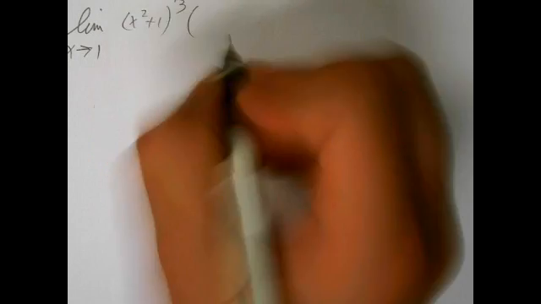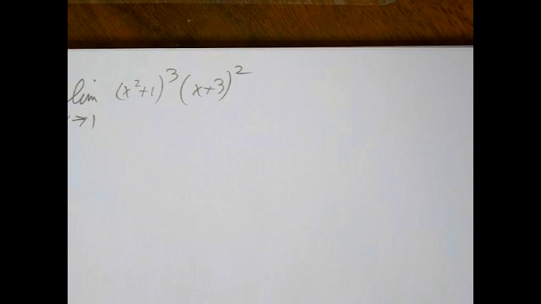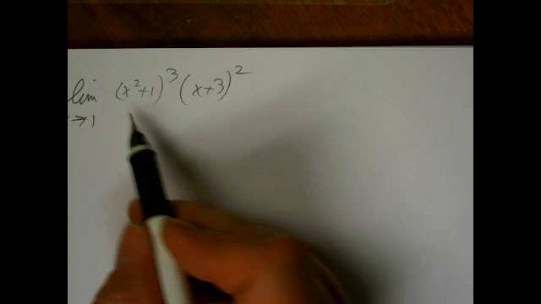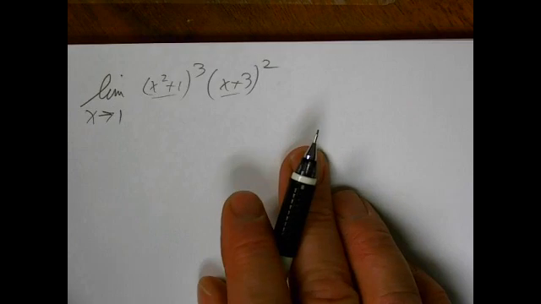All right, so for example, the limit as x approaches 1 of x squared plus 1, cubed, times x plus 3, squared. What I would do is recognize this is a polynomial, therefore the limit exists.